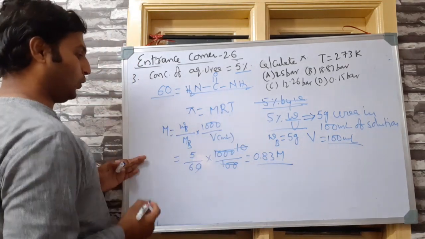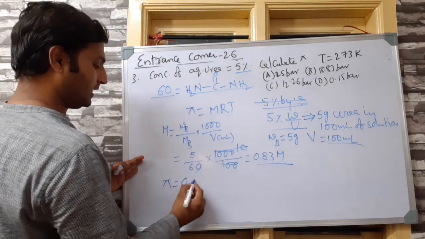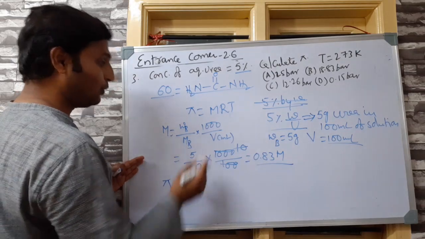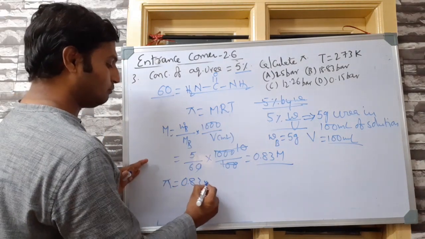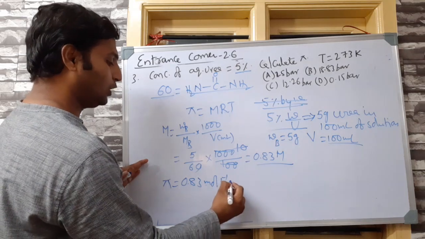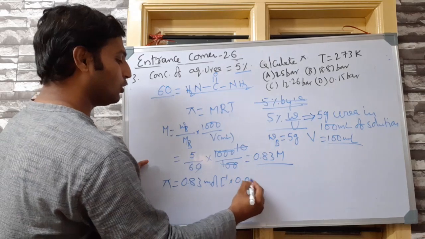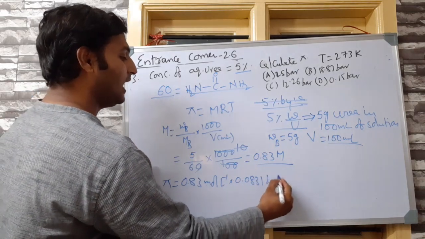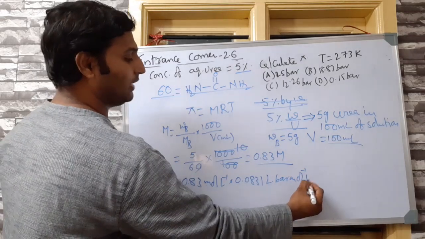Okay. Now pi is equal to 0.83, that is molarity, in moles per liter, into the R value in terms of bar, which will be 0.0831 liters bar mole inverse Kelvin inverse.